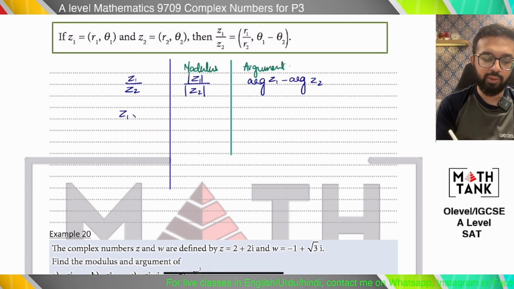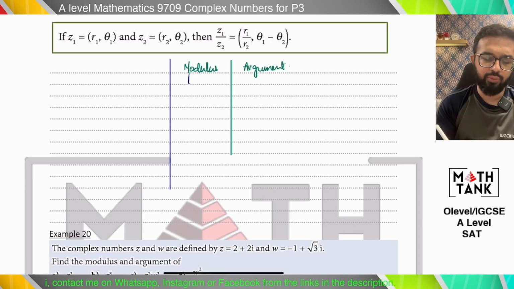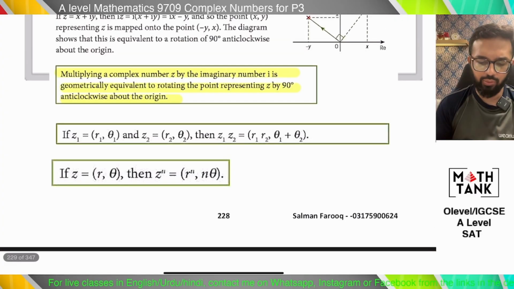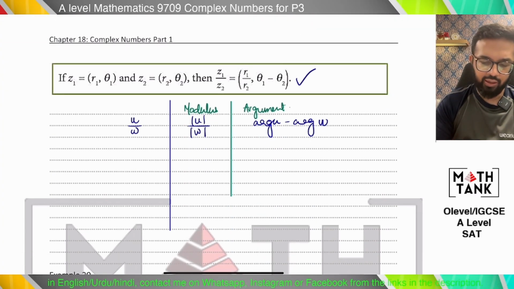Similarly, when z1 is multiplied with z2, I could make it easier. In terms of writing it down, let's say two complex numbers u and w. So this would be modulus of u divided by modulus of w, and this would be argument of u minus argument of w. z1 z2 is already written in your notebook, so you can see that happening here.